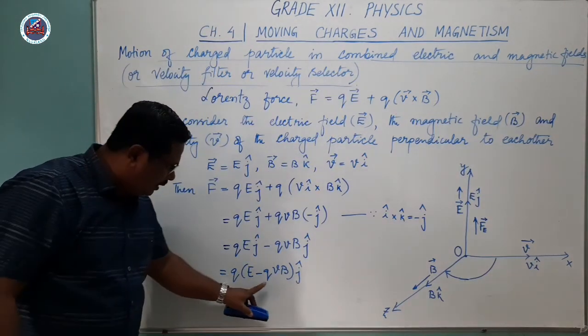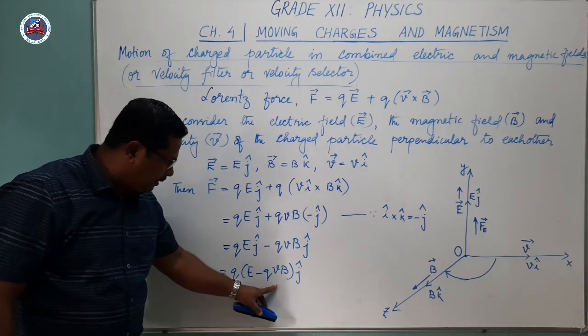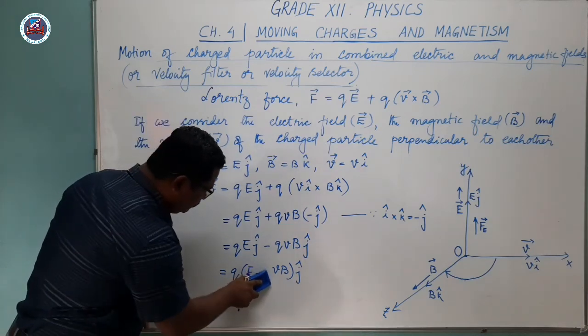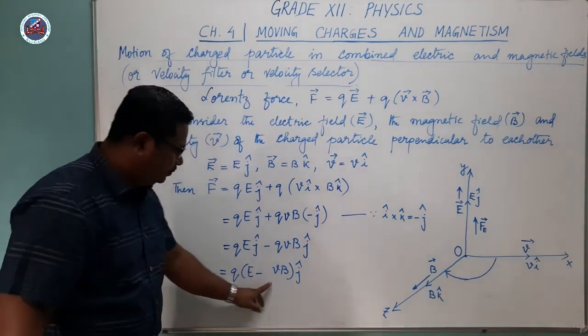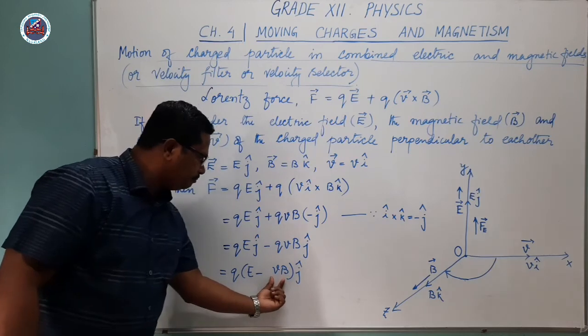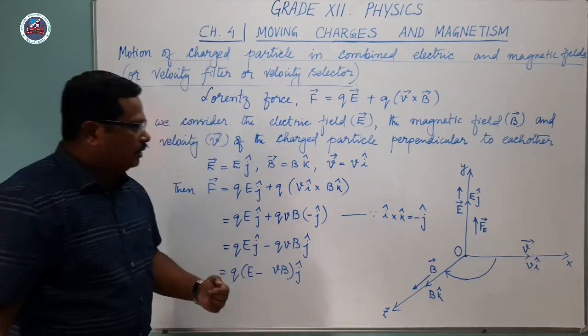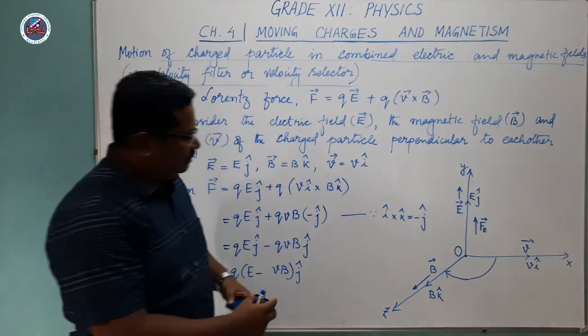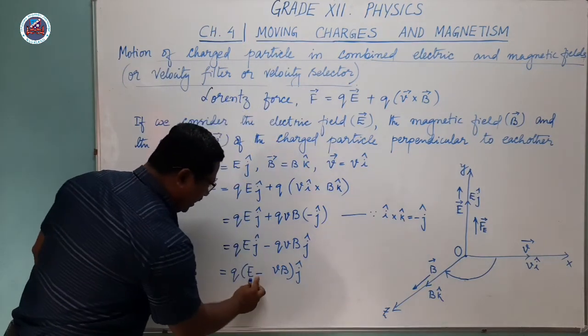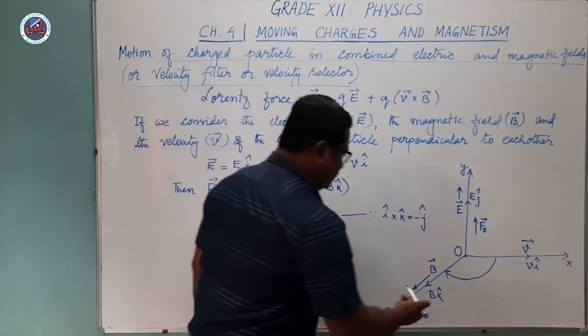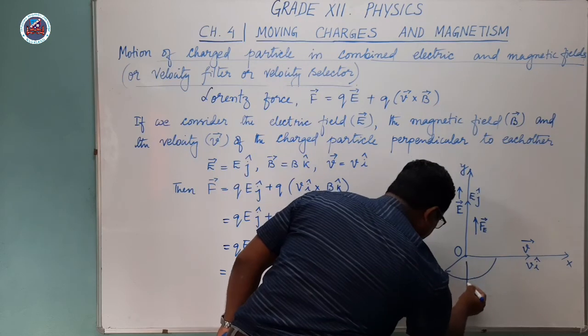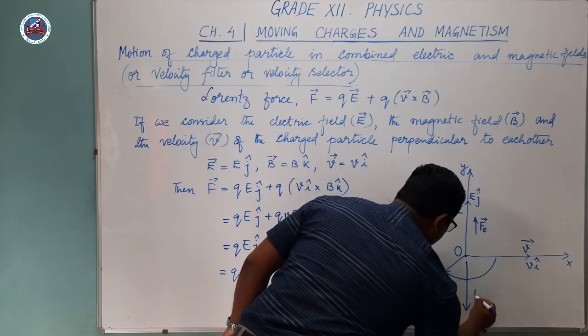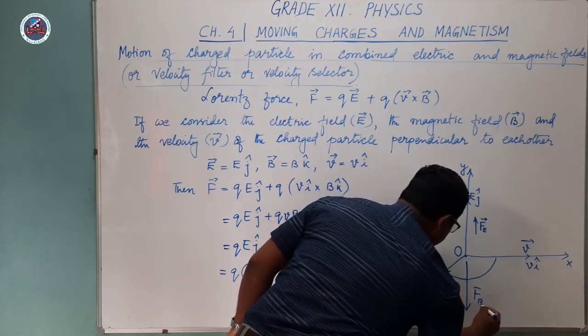And if QVB, this magnetic force, is bigger, then the result will be negative. Negative of j means it will come down towards the negative y-axis.